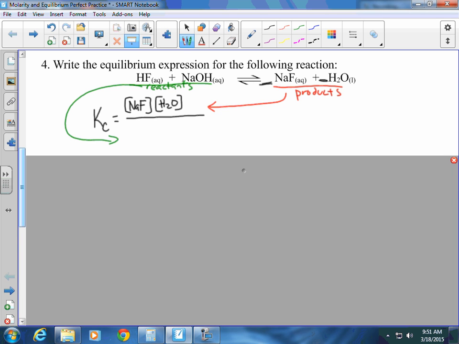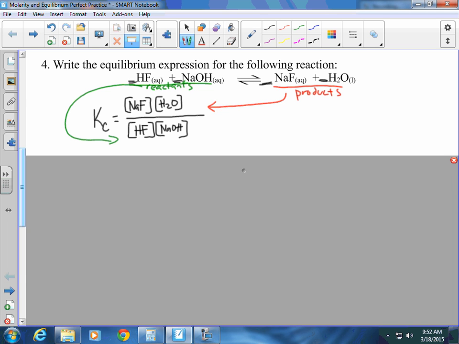Then on the bottom, I'm going to start with our first reactant, which is HF. Again, no number out in front, so I don't have to raise the value to any number. And then NaOH concentration, and again, the number 1 out in front, I do not need to raise it to any particular exponent.